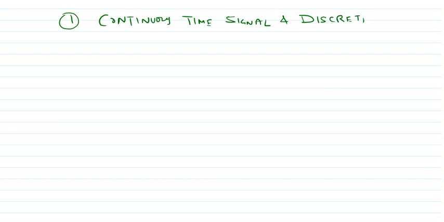Now you can classify signals. So what are the various classifications? The first classification is continuous time signal and discrete time signal.